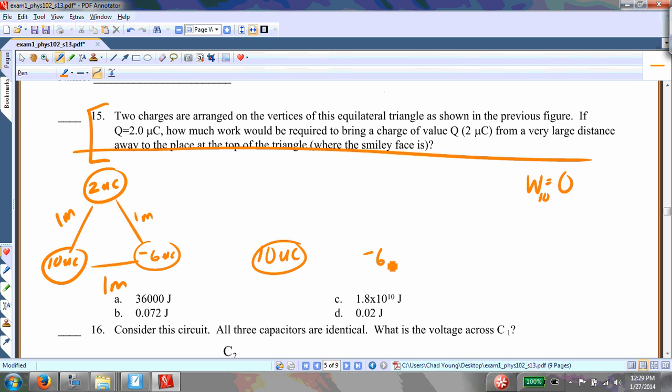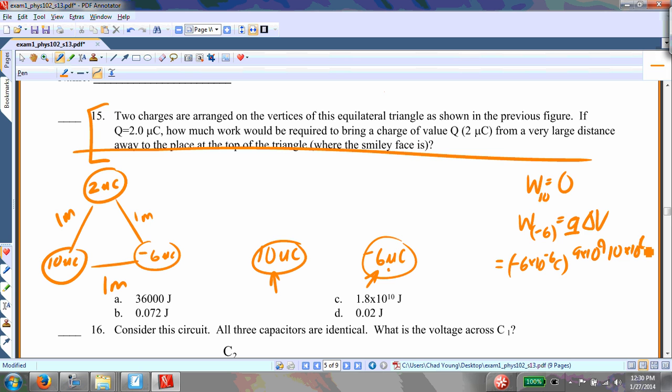Then I bring in the negative 6 microcoulomb charge. And I want to know how much work is required to bring it into place. And that's going to equal Q times delta V. Q is going to be this charge times the potential due to this charge at this point. So that's going to look like negative 6 times 10 to the minus 6, times K, 9 times 10 to the 9th, times Q, which is 10 times 10 to the minus 6, divided by 1 meter.